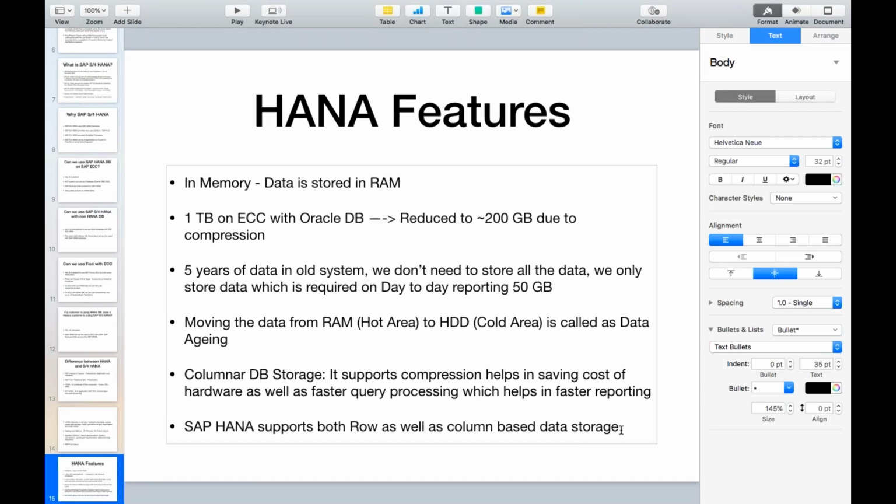For the BKPF table, we don't have any issue, we get the data very fast in ECC. But to retrieve the data from the BSEC table, it takes a huge time, and sometimes the system throws an ABAP runtime error, because of the huge volume. Yes, that is the reason even the BSEC table is not recommended to be used for reports.